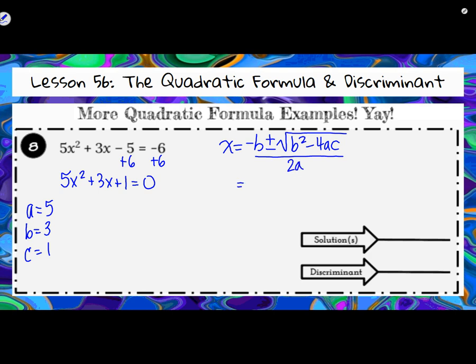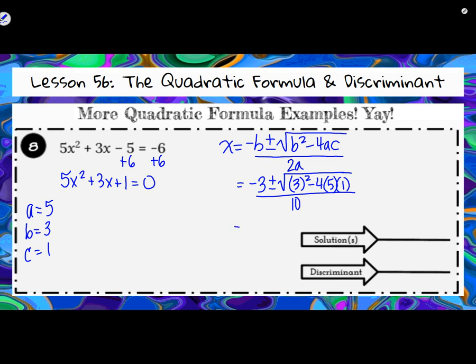Right, negative b, negative 3 plus or minus square root of 3 squared minus 4 times 5 times 1, all over 2 times 5 is 10. Let's go ahead and change that to a 10.